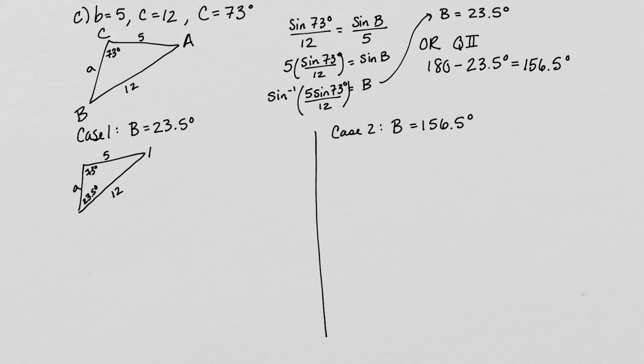We have lowercase a, capital A, C, B. Now I know 2 of the angles in the triangle, and since all the angles in the triangle add up to 180 degrees, I can find what capital A is. So capital A plus 23.5 degrees plus 73 degrees is 180 degrees. If you solve that, capital A works out to be 83.5 degrees.